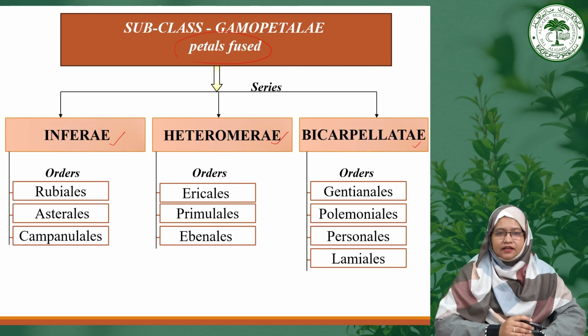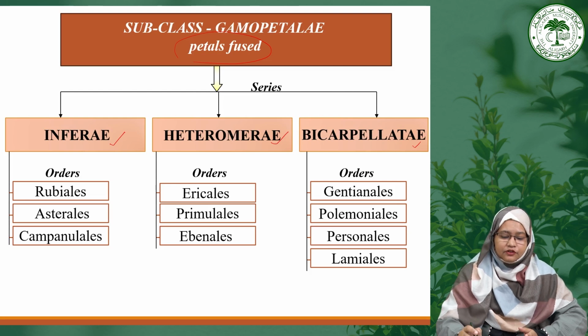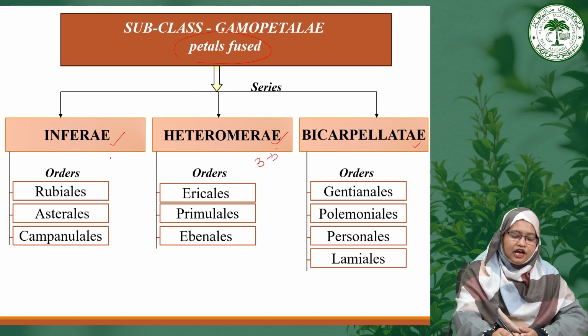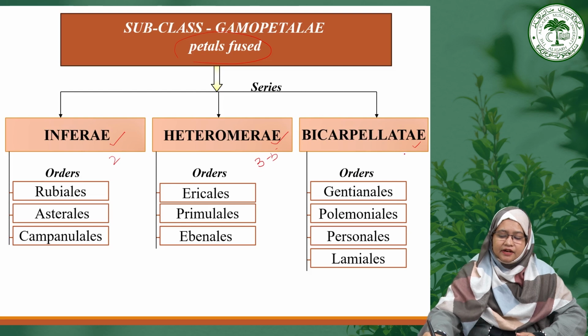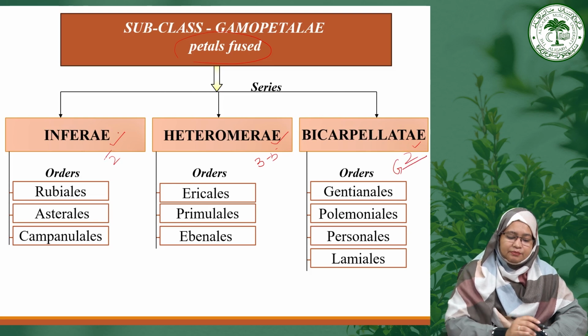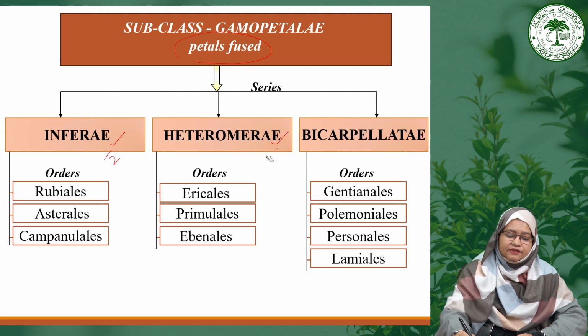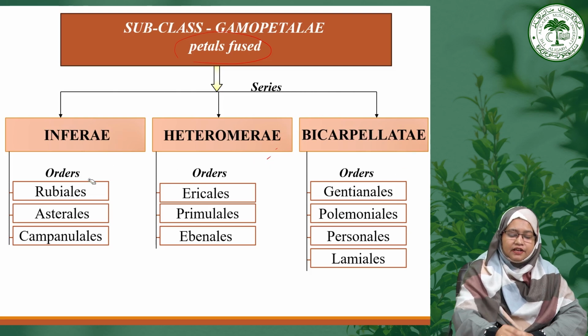Heteromerae are plants that have carpels between 3 to 5. In Bicarpellatae, the gynoecium is bicarpellary, but superior. So here the carpels are inferior, here the carpels are superior, and here the number of carpels varies between 3 to 5.